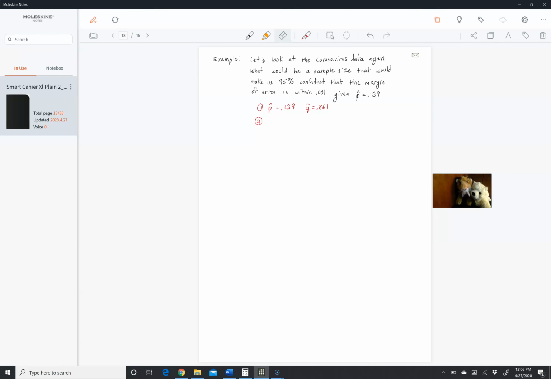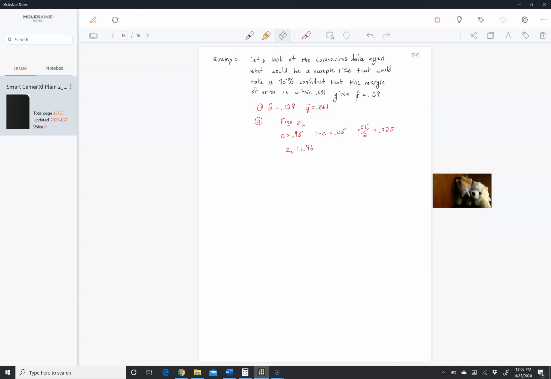So what we're going to do next is find the z-score. C is equal to 0.95. 1 minus C is equal to 0.05. And 0.05 over 2 is 0.025. So our z-score coming from the table is 1.96.